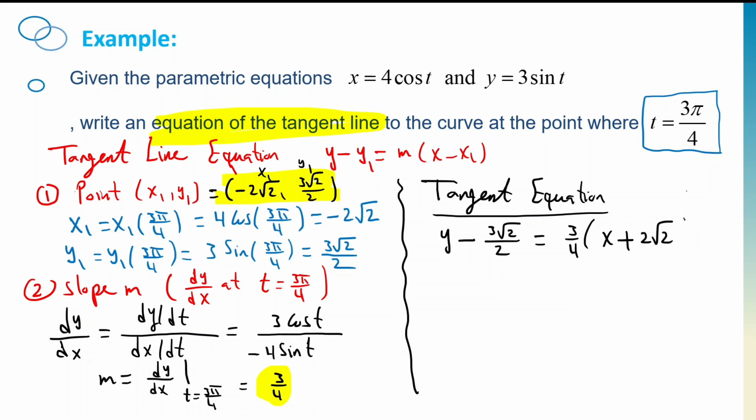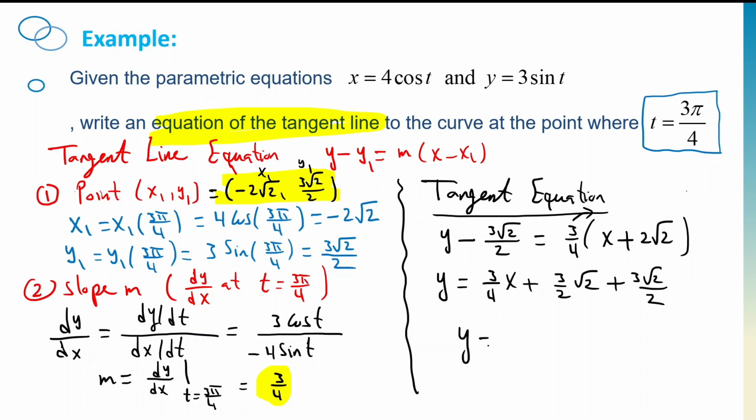Now this is almost done. The only step left is to simplify further. Okay, we can do that. So y equals, if you distribute the 3 over 4, this is 3 over 4x plus 3 over 2 radical 2. And I'll move this one to the other side, so this is plus 3 radical 2 over 2.